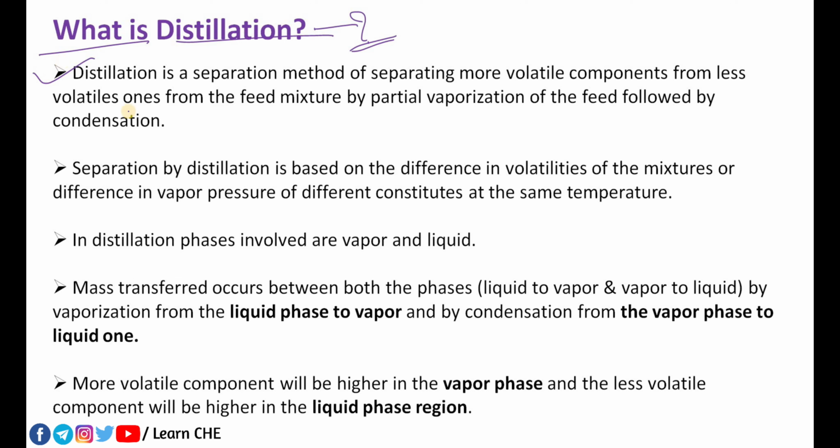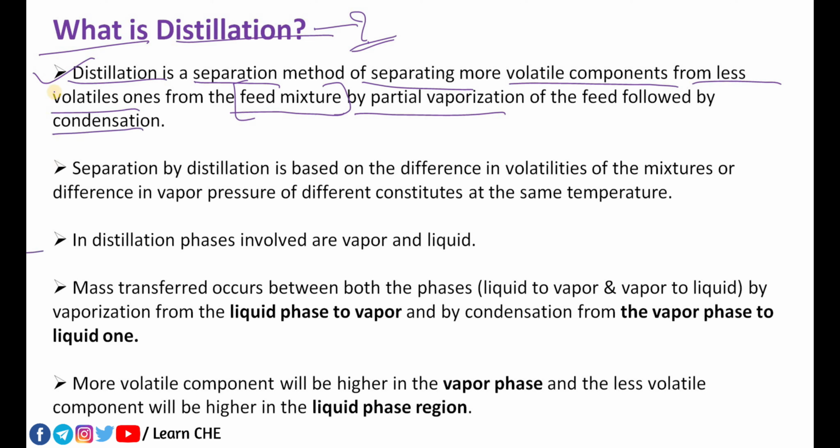Suppose we have a feed mixture, and in that feed mixture we separate the more volatile components from the less volatile components with the help of partial vaporization, right? And after that partial vaporization, what do we do? We do condensation so that we get our product in the form of liquid. So this is the first point.